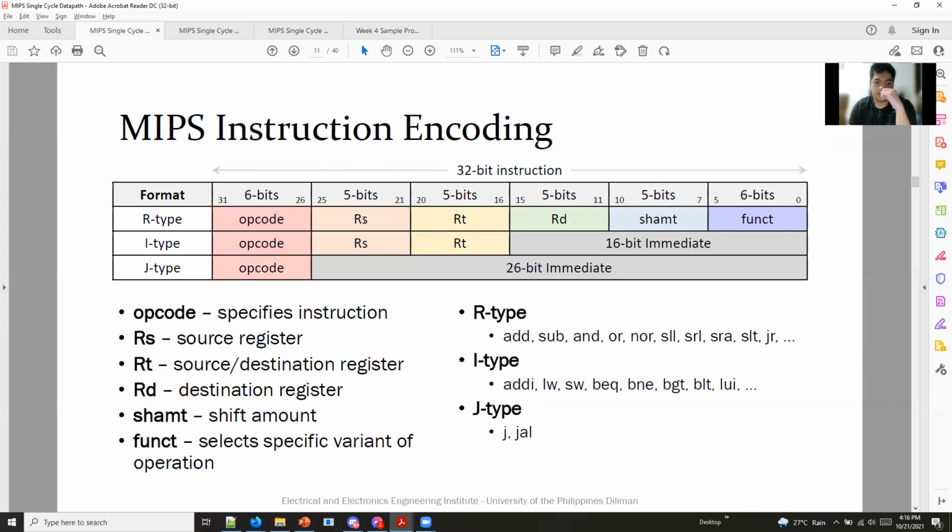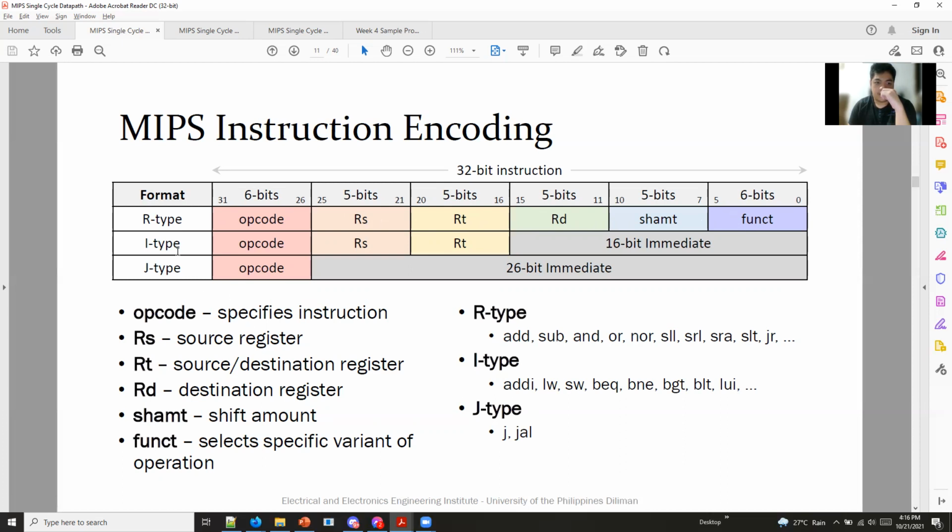So meron tayong source register, first register, second register, at saka destination register ng result ng operation. Tapos meron din shift amount and another 6 bits dito related dun sa function. So yung shift amount ginagamit mo usually pag sa shift operations, I think.